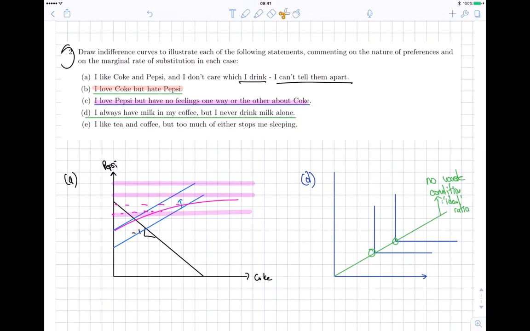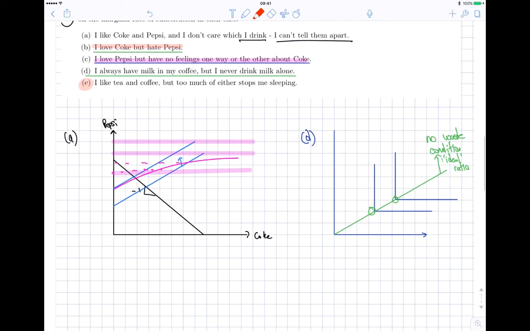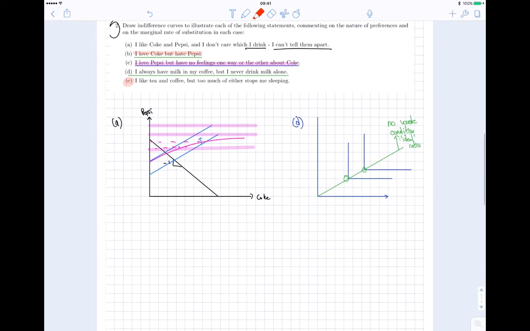Okay, E was an interesting one. James, can you think out loud of E? Well, yeah, we debated on that for quite a long time. Because we just thought you like them both. So if we assume that they have the same marginal utility, then it will be similar to the first one, except you don't want too much of either.